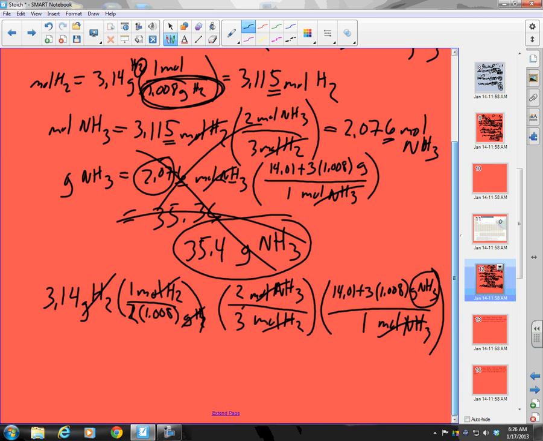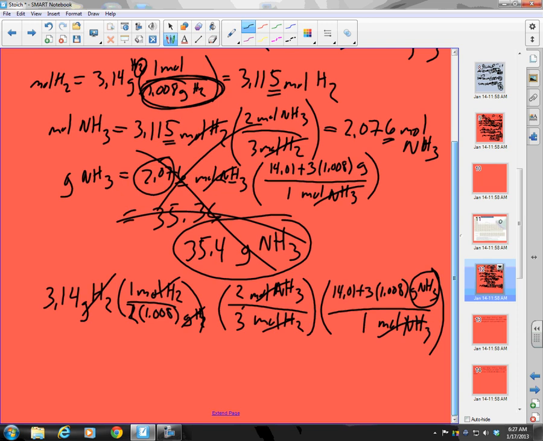Now we can do this all in one step if we're careful. So I have 3.14 divided by, sorry, divided by quantity 2 times 1.008. Okay, and I get 1.55. That sounds reasonable. Times 2 divided by 3 equals 1.038, times, and now I have to have a quantity here, right?